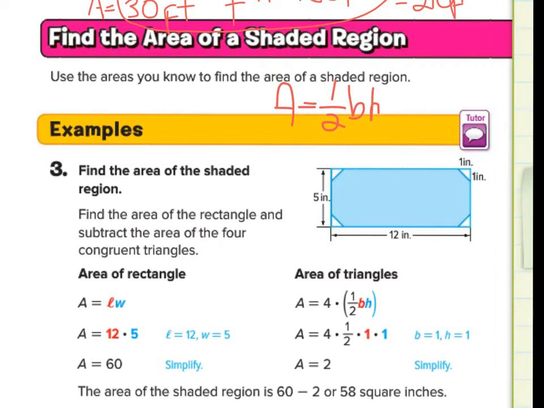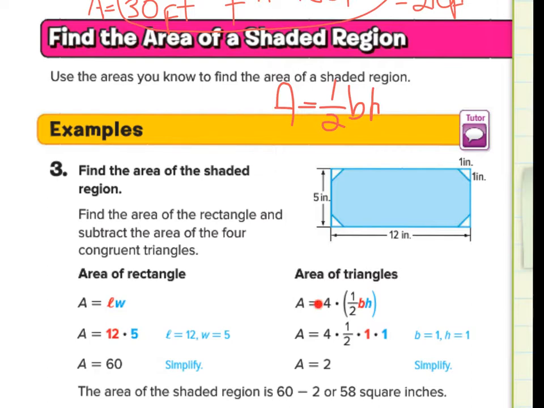So you're going to take the base, one of these, times a half. So it'll be, for example, 1 times 0.5, right? And that's 4 times: 1, 2, 3, 4. And you can see that they've done that here. They did half base times height times 4, because it's 1, 2, 3, 4. So they consolidated it.